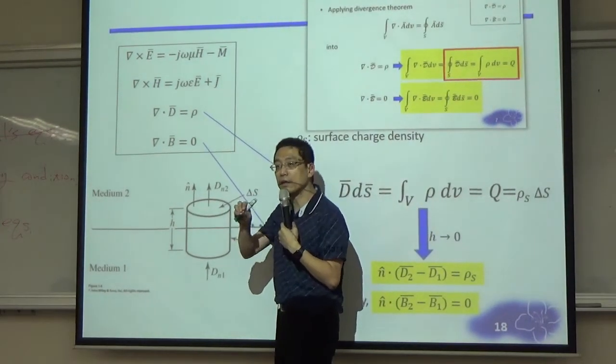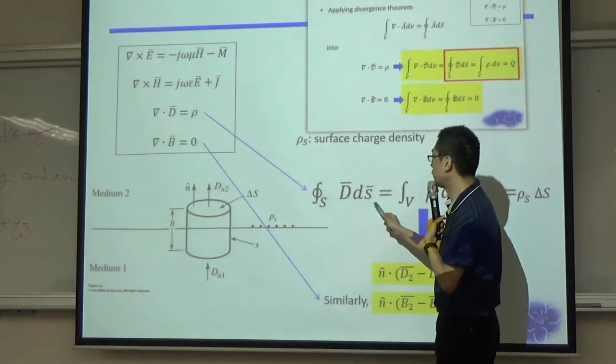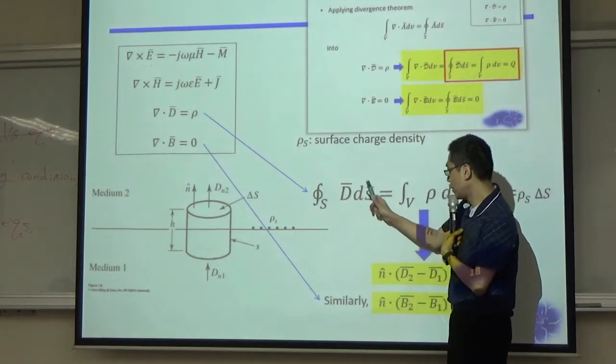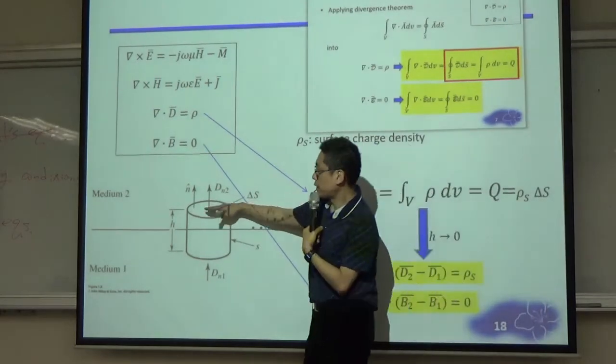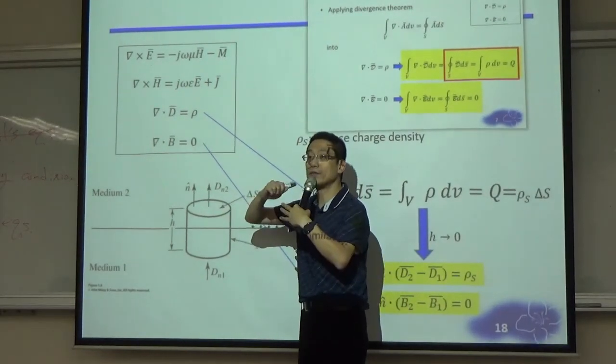When you make the surface integral, this one will equal this surface, because the height is 0, right?